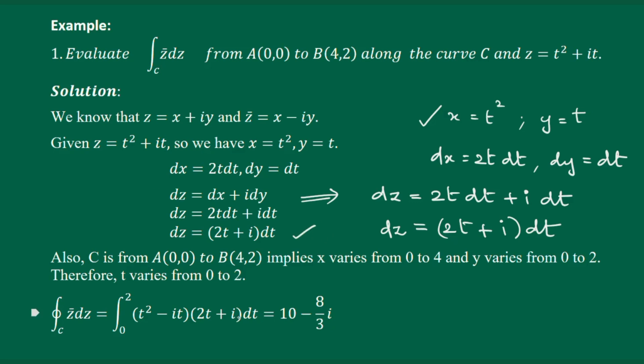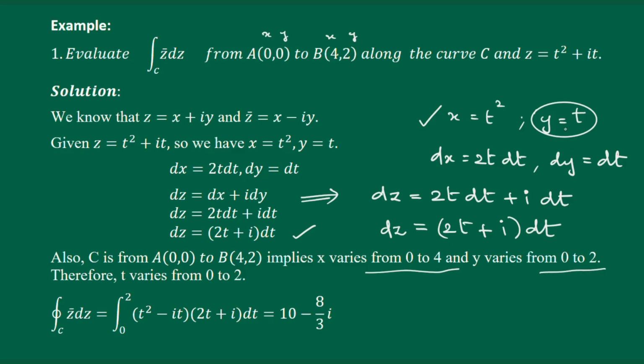Now we have substituted, but what are the limits for the variable t? Already we have seen that x is equal to t square and y is equal to t, which means y is equivalent to t. If you know the limit for y, we can consider the same as the limit for t also. The points are 0, 0 to 4, 2, which means x varies from 0 to 4 and y varies from 0 to 2.